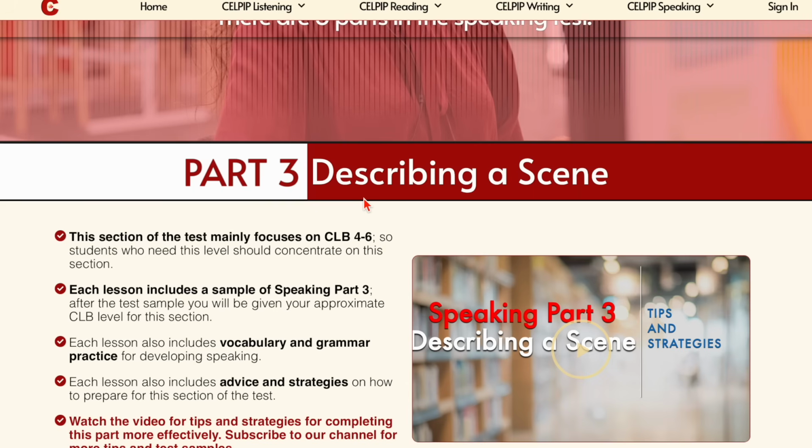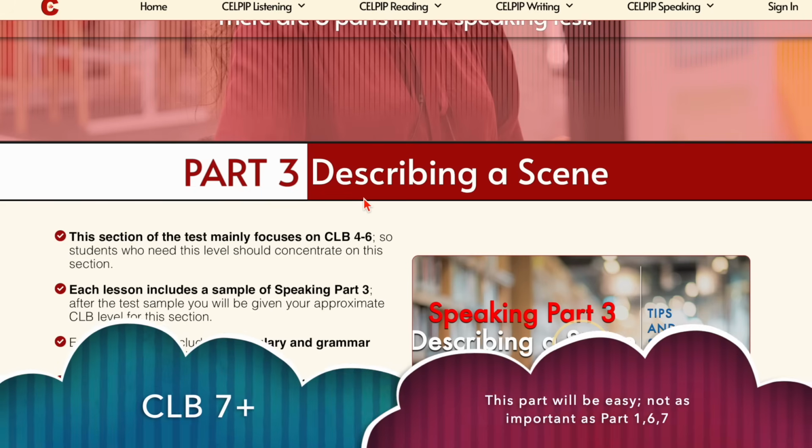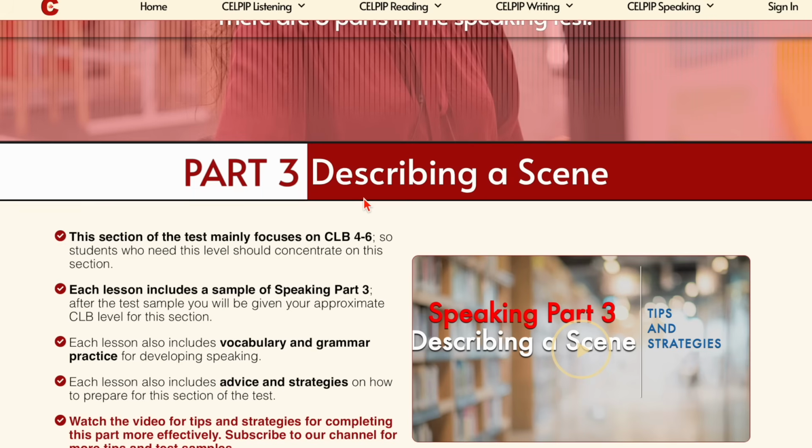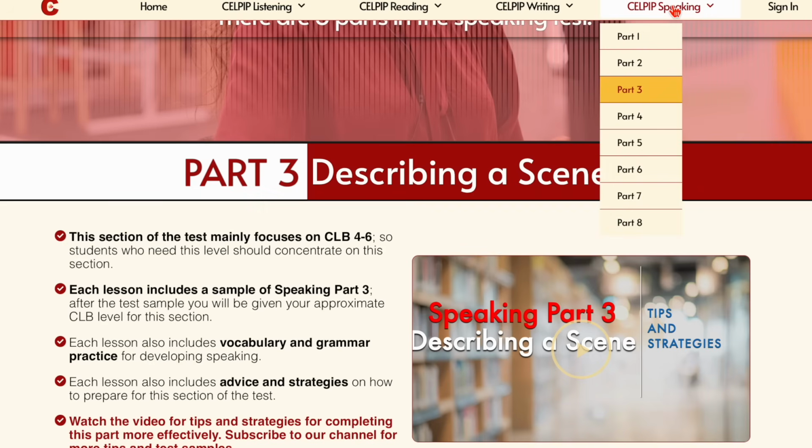Now, if you need to get CLB 7 or higher, then this part will be very simple for you to answer because you will have lots of knowledge, but also you need to develop stronger answers, okay? And also, for higher levels, this part is not as important as part 1, 6, or 7, which are more complex, okay?